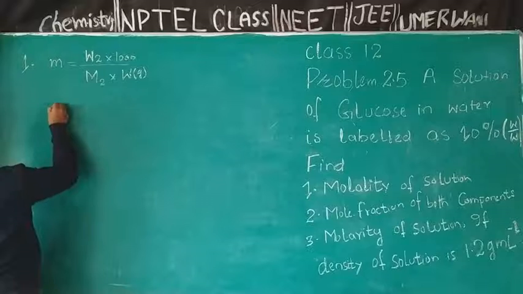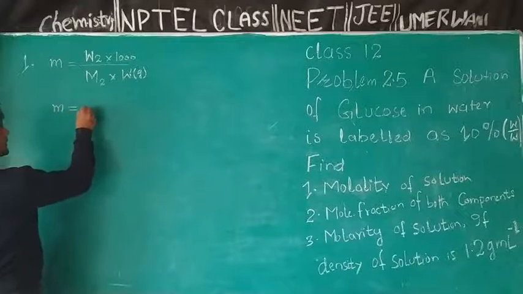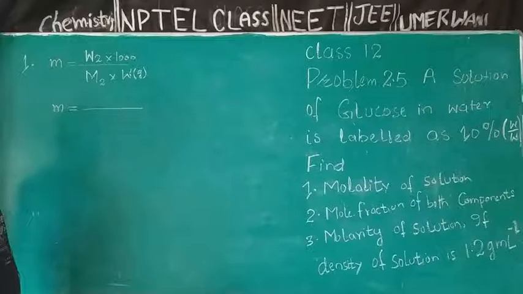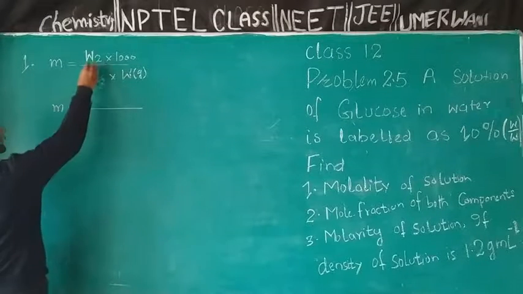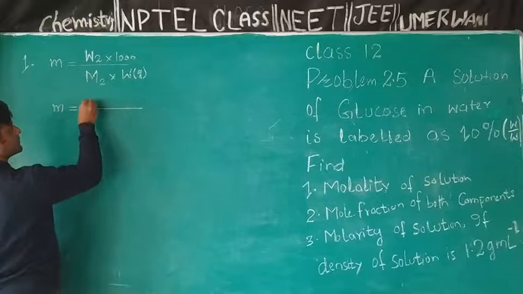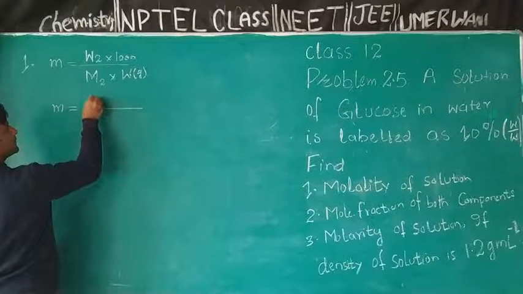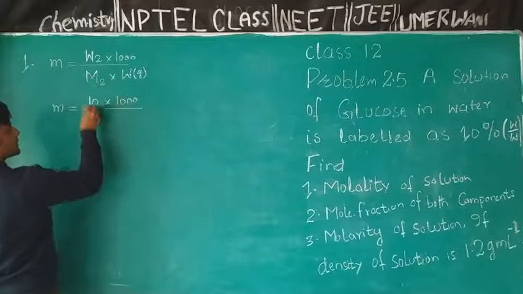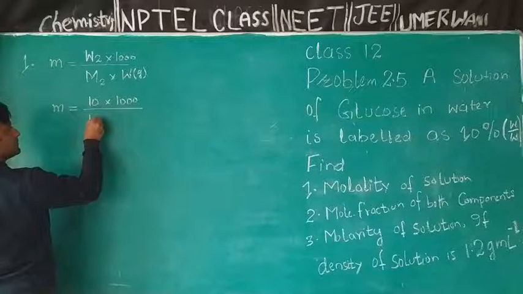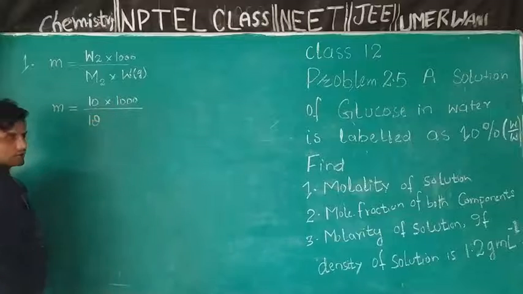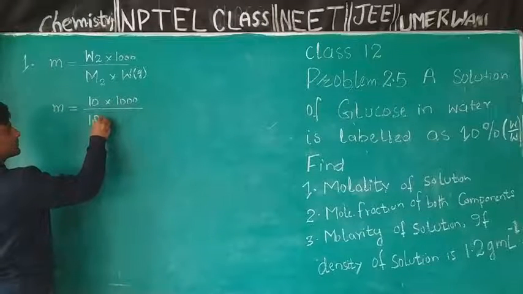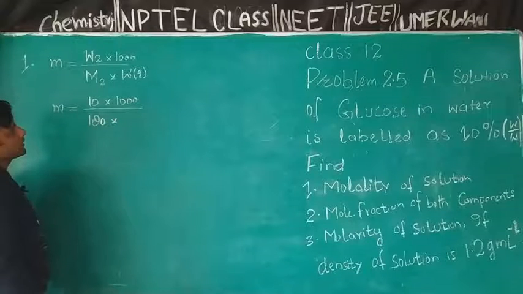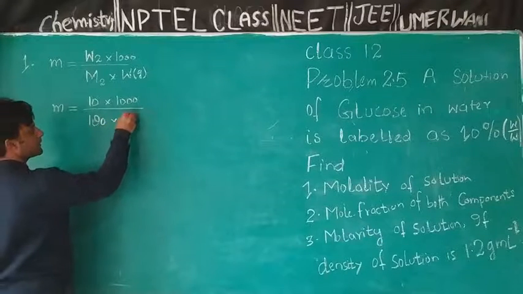In order to determine molality, I will substitute values of known parameters. Available mass of solute glucose is 10 multiplied by 1000. Molar mass of solute glucose is 180. Molecular mass of glucose is 180 and mass of solution is 100.